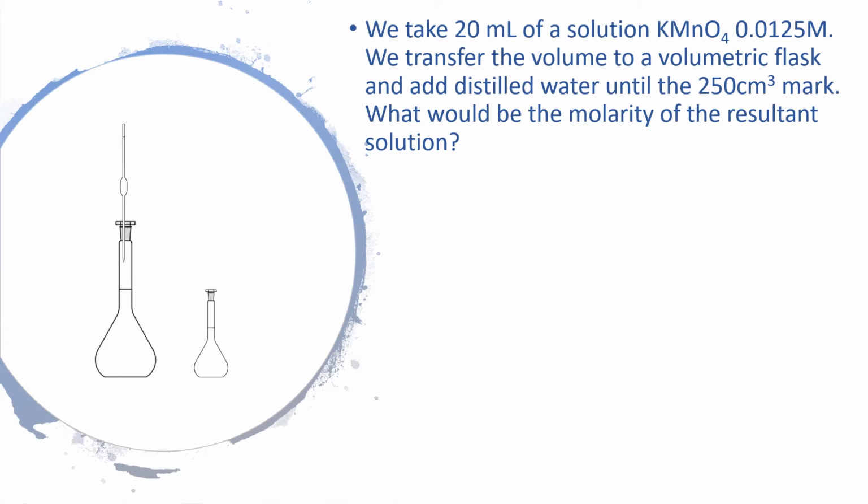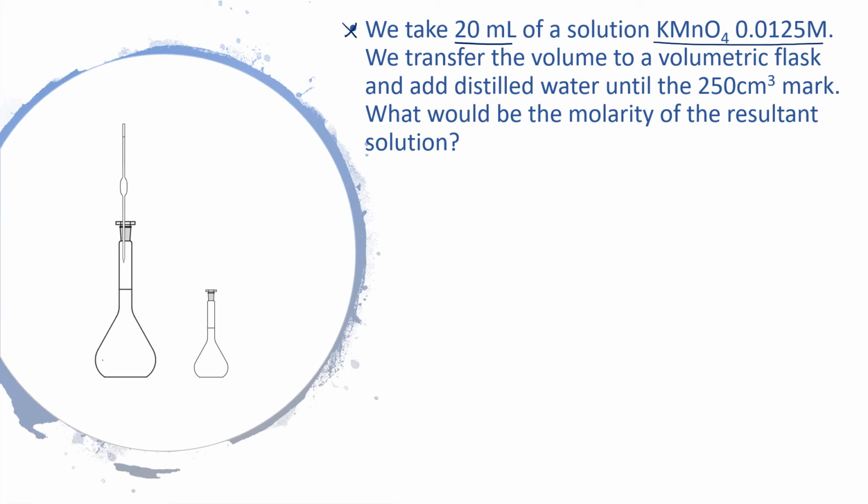In this example, we need to read very carefully all the prompts that we received, just in case. We have 20 milliliters of a solution of potassium permanganate 0.025 molar. We transfer the volume into a volumetric flask. That means that this one here is the concentrated solution.